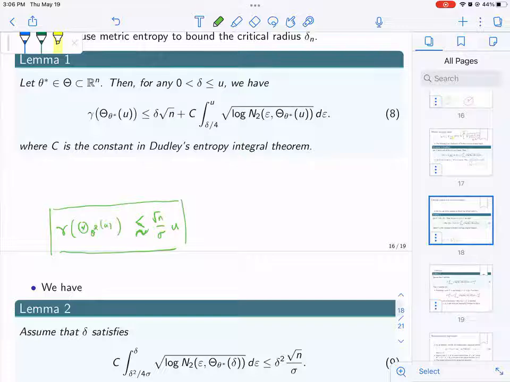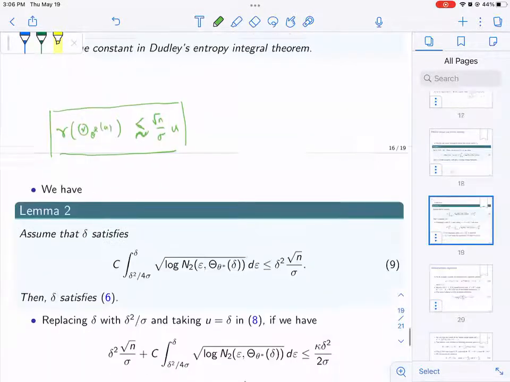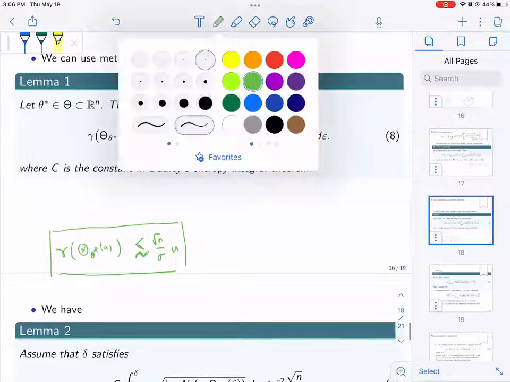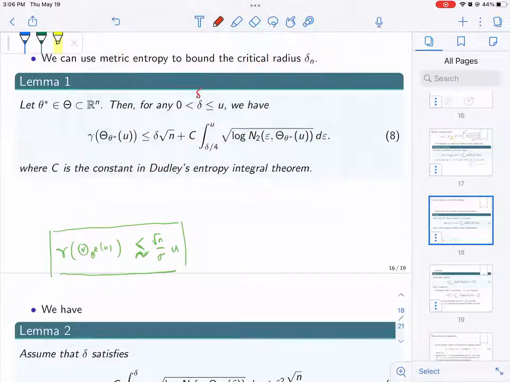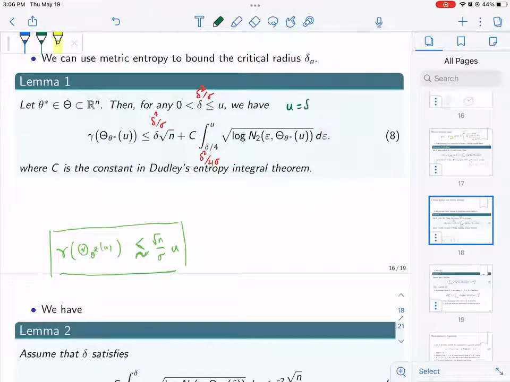I'm going to replace delta with delta squared over sigma. This would give me delta squared over 4 sigma. And then I'm going to take u to be delta.